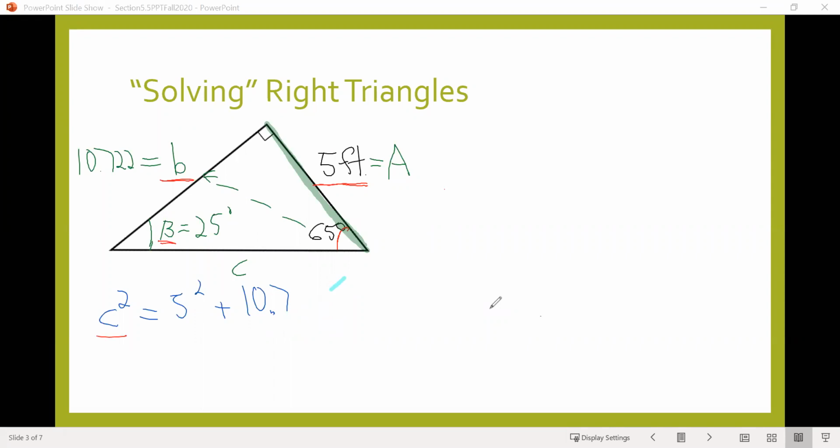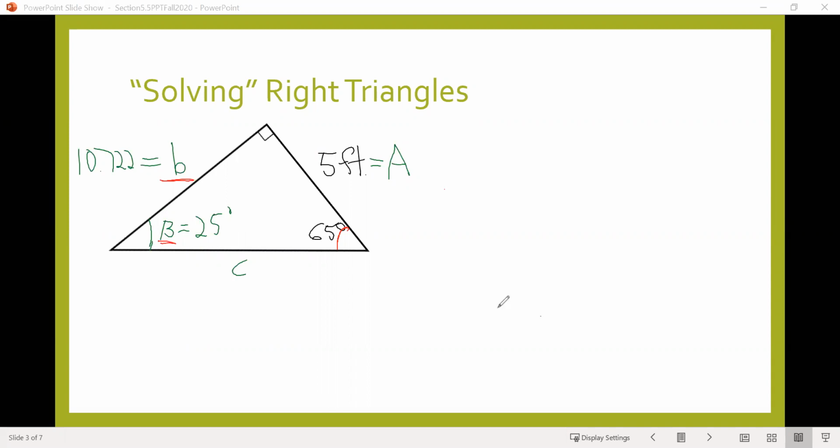So we instead want to stick with just using the information we were given, which in this case was once again the 65-degree angle and the side length of 5 feet. We're going to again think about the sides we're dealing with and how they relate to the angle. The 5-foot side is still the adjacent one because it's right next to the angle.